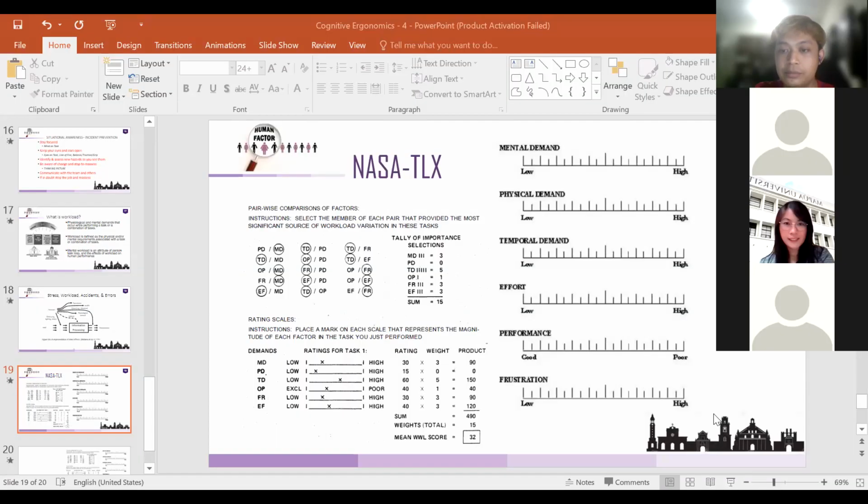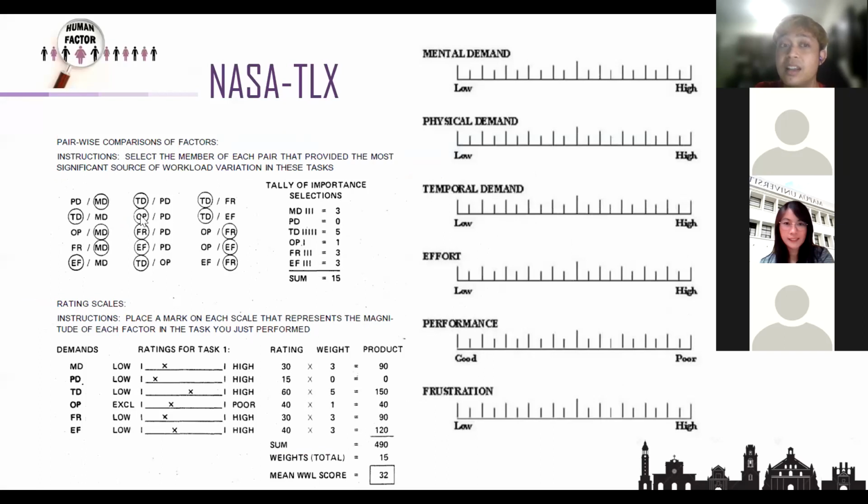How do you set that? It's 3, 5, 1, 3, from the pairwise comparison, ma'am. It's just accumulated, so it's 15. It's not about being equal to 100%.